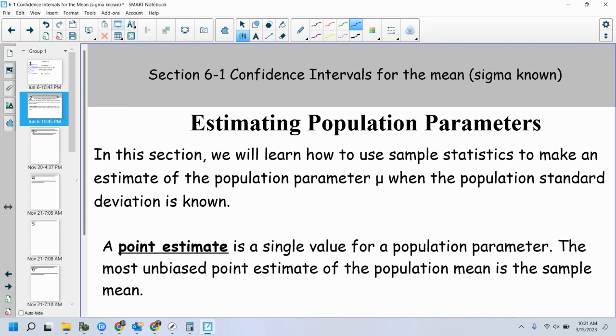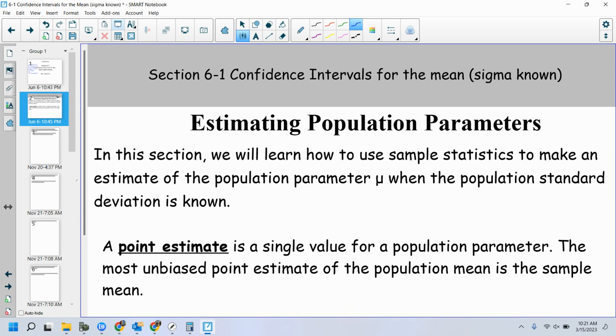The first 2 sections deal with estimating the population mean, which is kind of a useful tool because, is the population mean something that's easily available for a lot of topics? No, the population mean is really difficult to figure out sometimes. Sometimes it's not. It depends on your population.